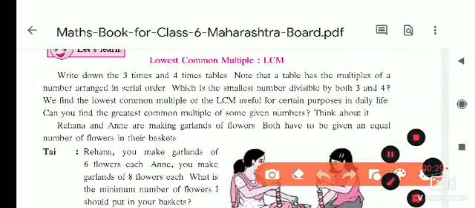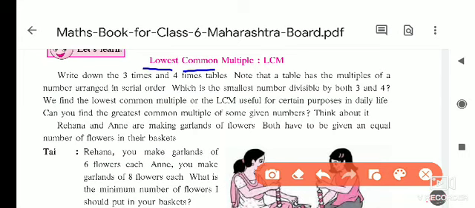LCM is the lowest common multiple: L for lowest, C for common, and M for multiple is the long form of LCM. Now write down the 3 times and 4 times tables, and note that a table has the multiples of a number arranged in serial order.